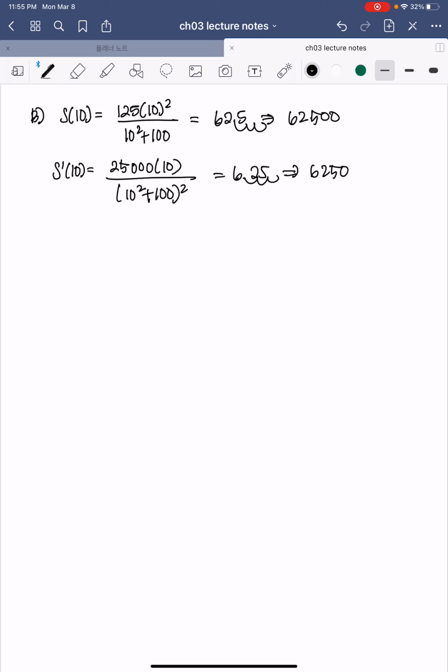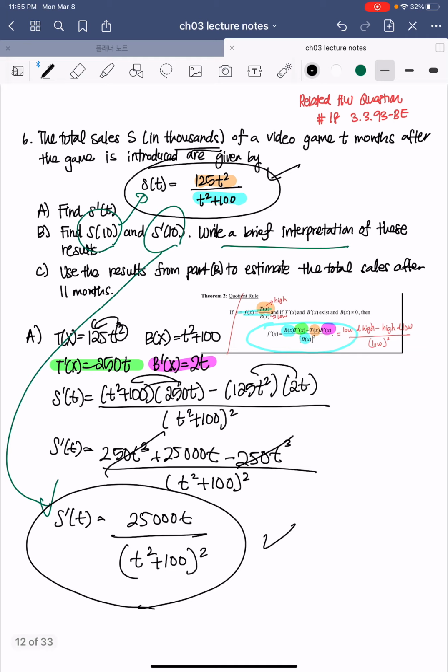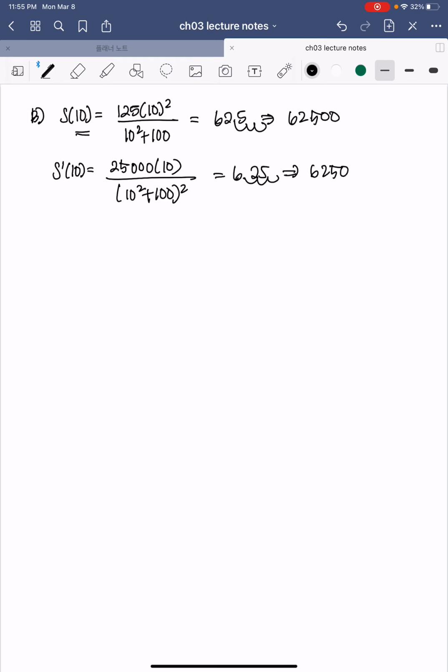So this S function tells you total sale. That means the total sale after 10 months is 62,500 games. Now, the derivative function tells you rate of change. So it tells you how fast. This means sales are increasing at a rate of 6,250 games per month. So these two functions tell you two different pieces of information.